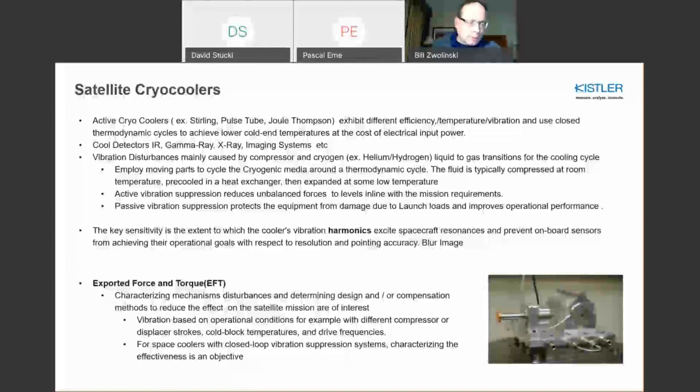Then we also can talk about satellite cryocoolers. Cryocoolers are often used for cooling detectors, and there's a lot of different technologies being used. Stirling, pulse tube, Joule-Thomson would be some. Obviously, vibration disturbances by the cryocooler are usually attributed to the cryocooler compressor, and pumps and so forth are usually the main contributors to vibration.